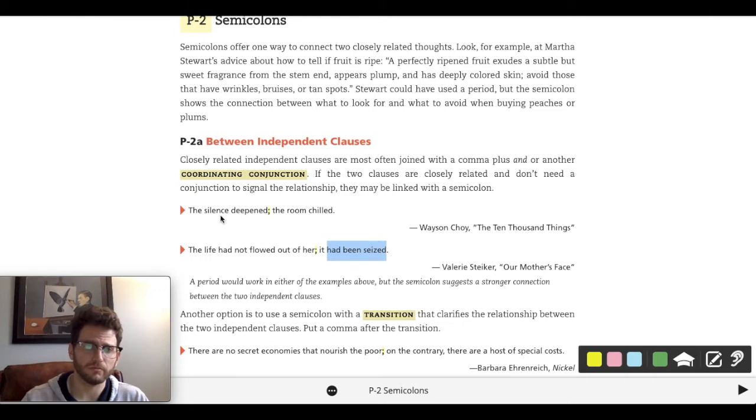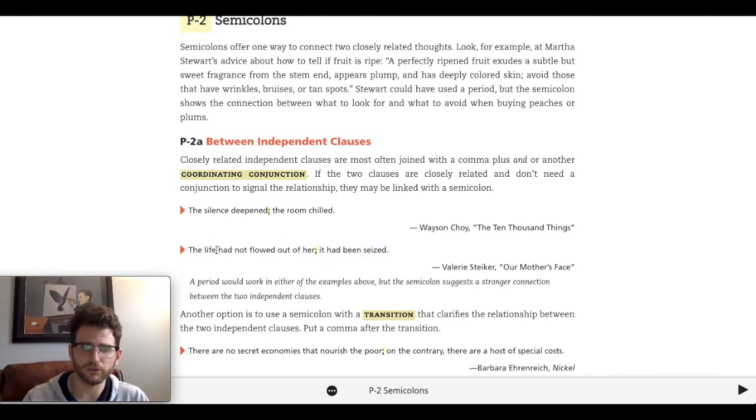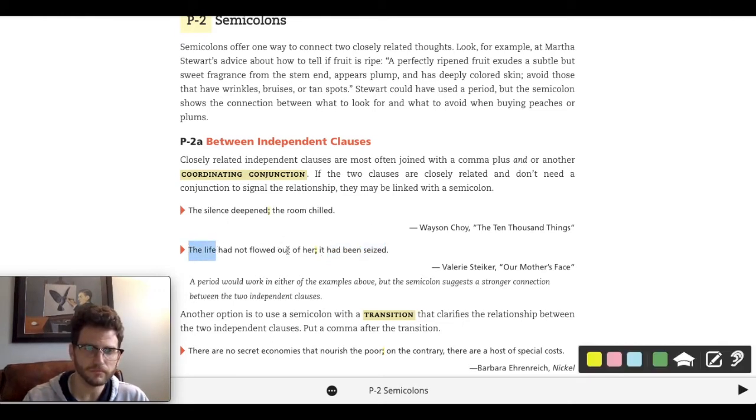Yeah, I mean, they're so closely related that we're using the personal pronoun "it" to take the place of "life." So we're going from one right into the other, and because they're both independent clauses, a semicolon works.